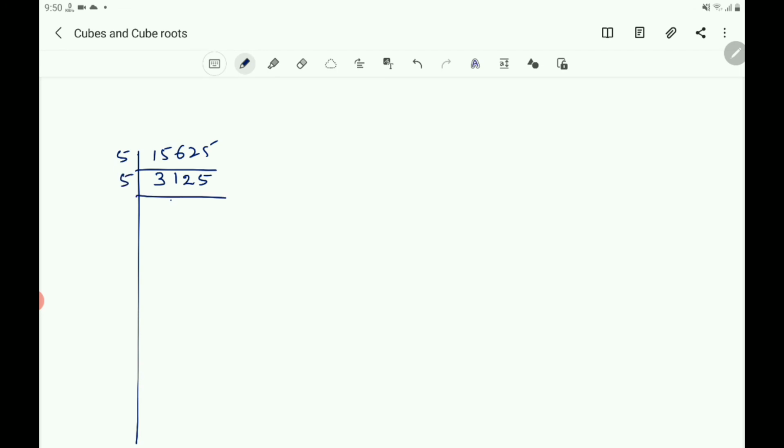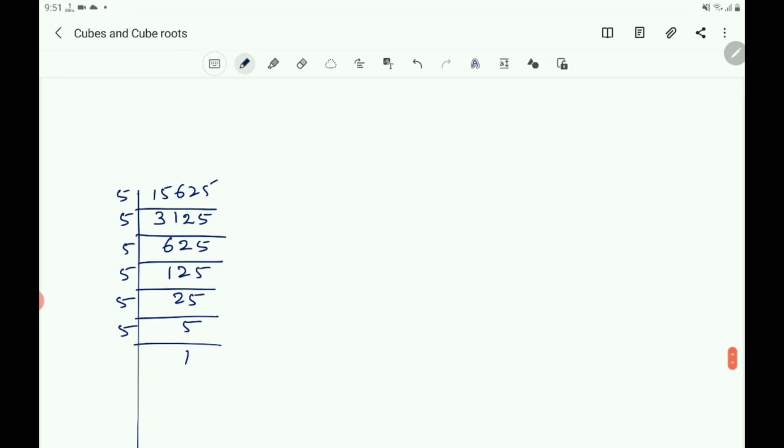You take 5 6s are, and 1 2, 5 2s are, then it is 5 5s are. Then you take 5 1s are, 5 2s are, 5 5s are. Again it is divisible by 5. 5 25s are, and 5 5s are, then 5 1s are. You got 6 times 5 here.